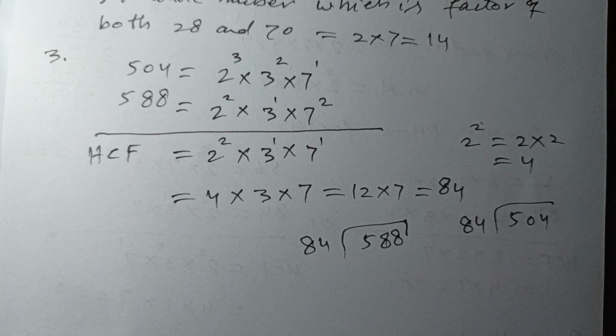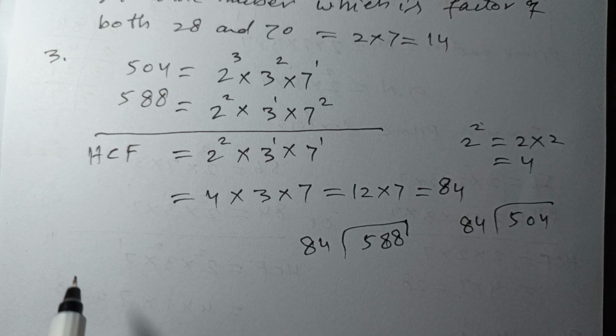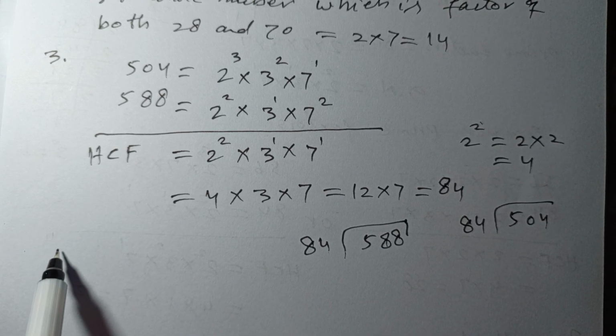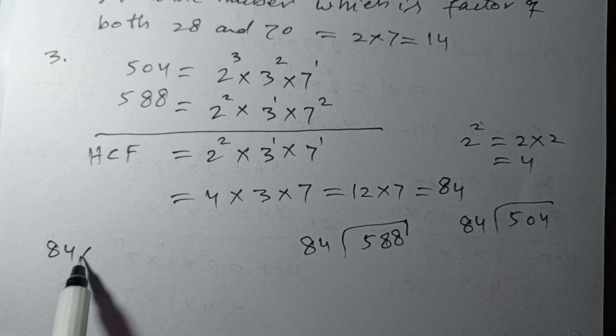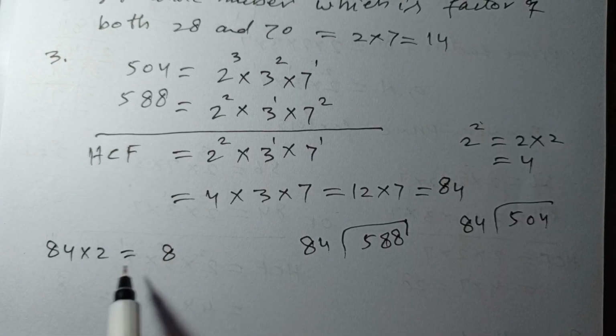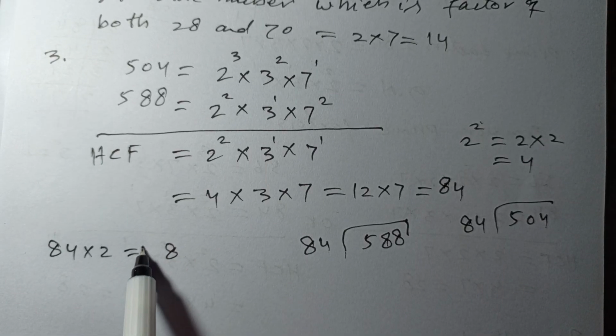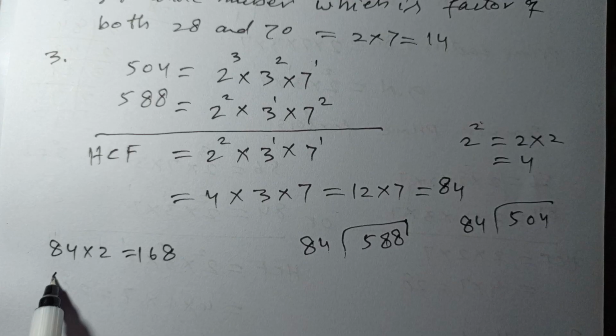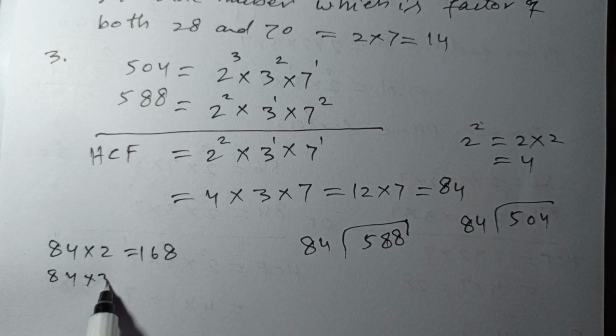dear students, to divide these numbers by 84, you will write the table of 84. So 84 multiplied by 2, you will get 2 4s are 8, and 2 8s are 16. 84 multiplied by 3.